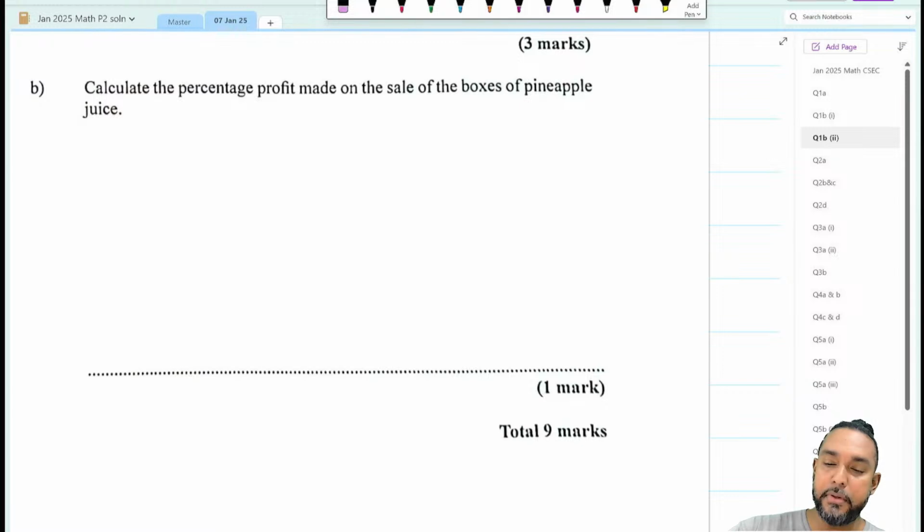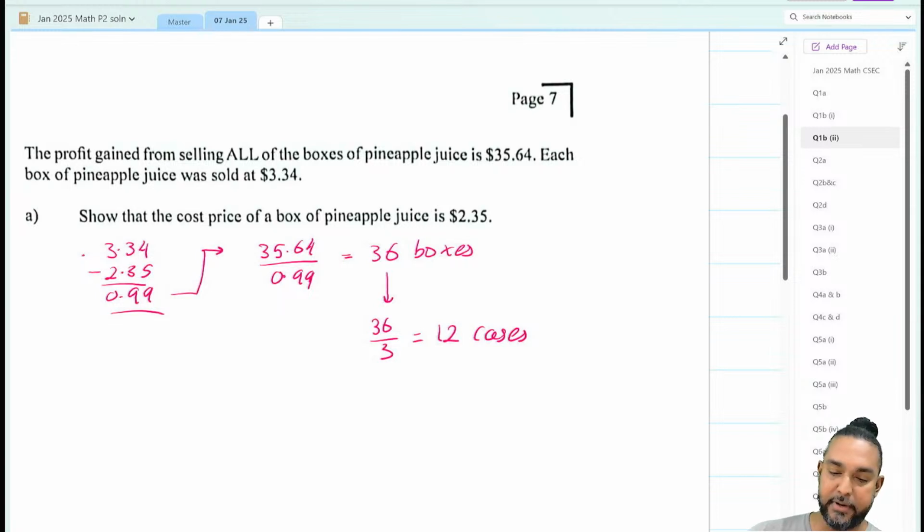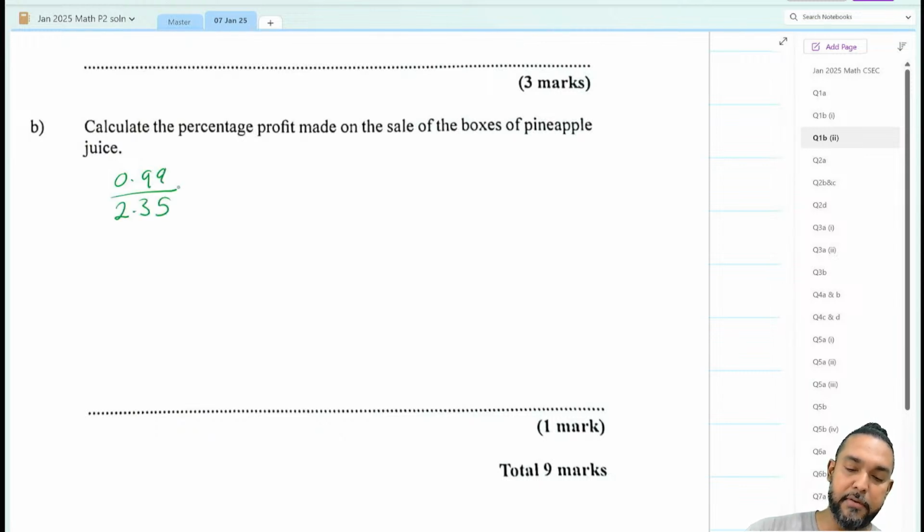Okay, now what they want is the percentage profit made on the sale of the boxes of pineapple juice. So the profit on each box is 99 cents, and it's the profit on the cost. So you take your profit, divide by 2.35 and multiply by 100.